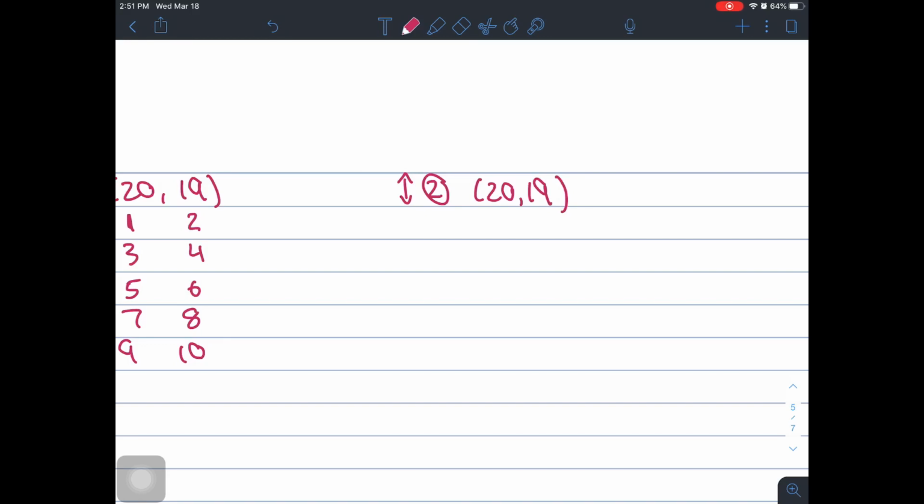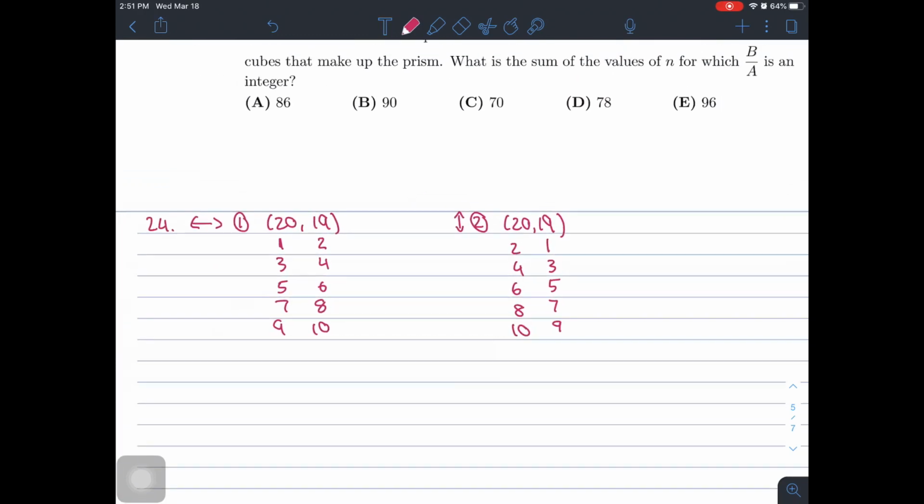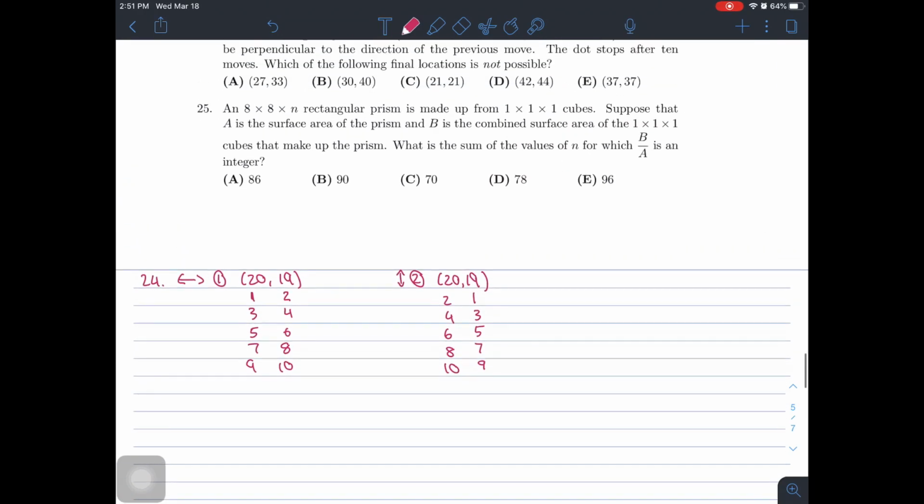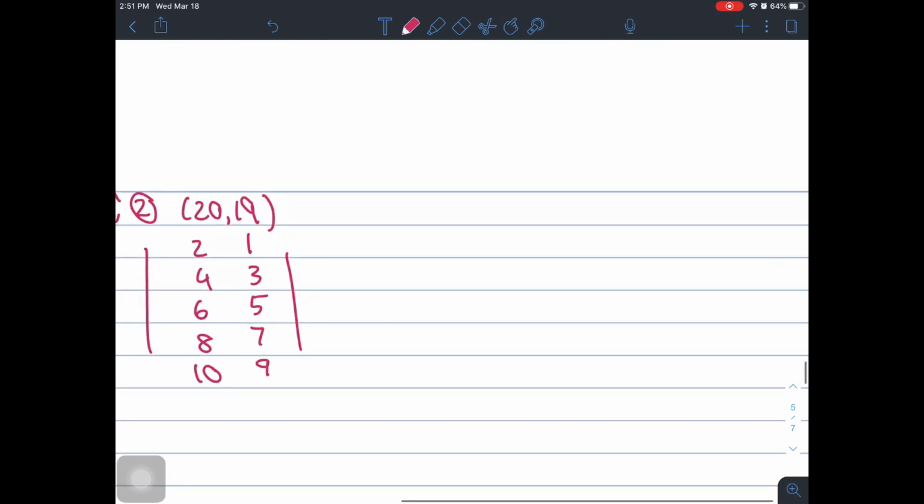And then similarly, the first move starts on the vertically moving side. So it's 1, 2, 3, 4, 5, 6, 7, 8, 9, 10. So from this, we start to look at all of the answers and try to mess around with these numbers to find which one is not possible.